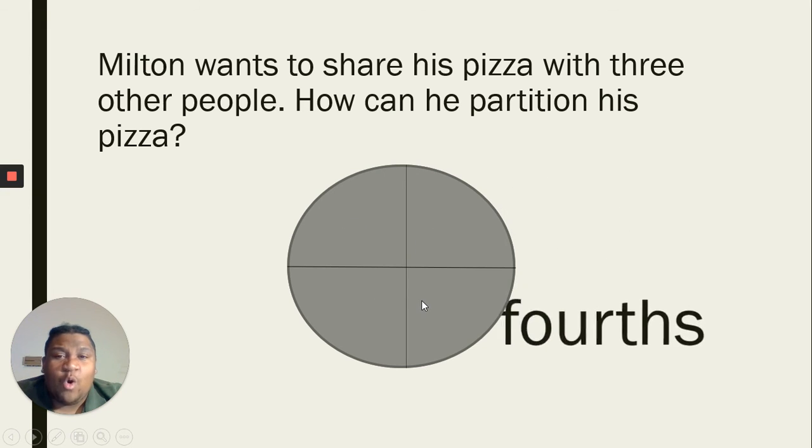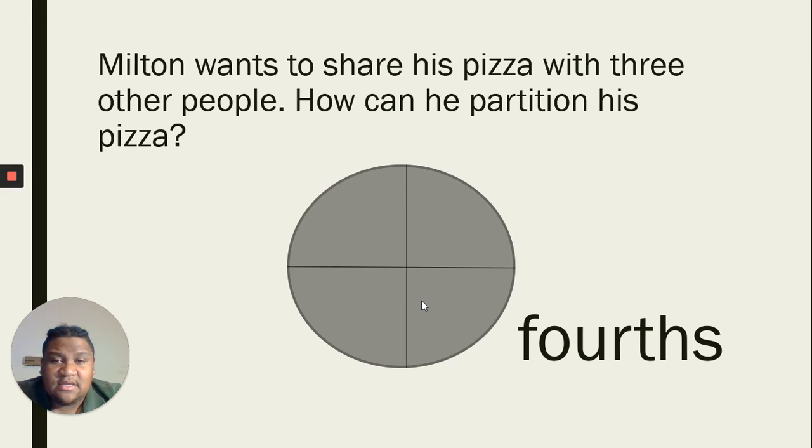We call that fourths. What is the fractional unit that Milton will have for his slice of the pizza? He will have 1/4. His friend will have 1/4. His other friend will have 1/4. And lastly, they will have 1/4 as well.